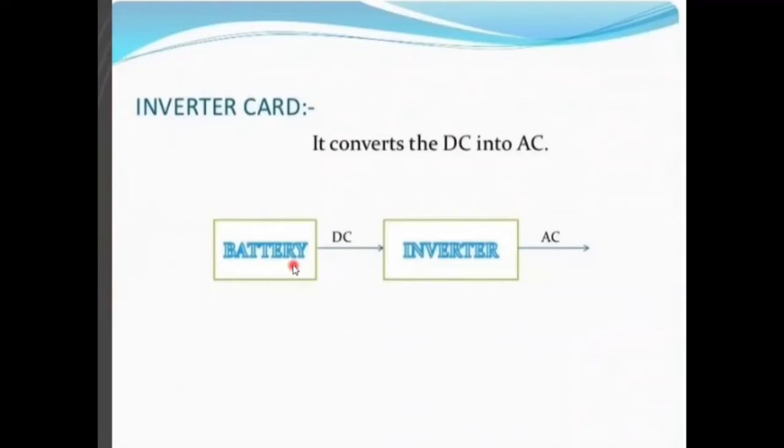After the battery is fully charged, it will be the backup of the UPS. Then the battery will output DC, not AC. Then DC to AC using the inverter block or inverter circuit. That is DC to AC. It converts the DC to AC.